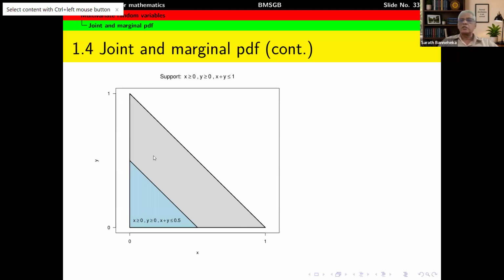In the support, the joint density function is defined over this large triangle. So what I want to do now is to find out the marginal distribution function at a given x.